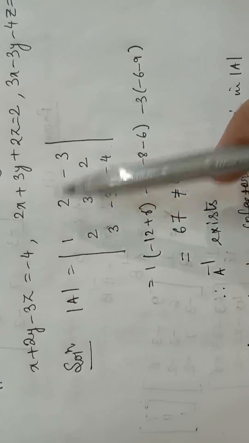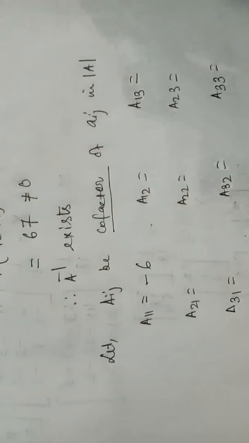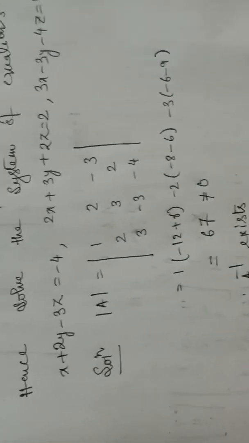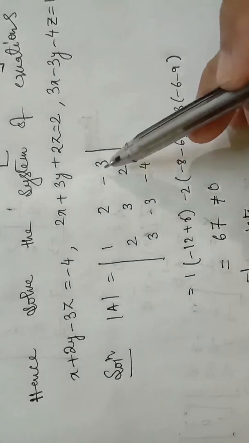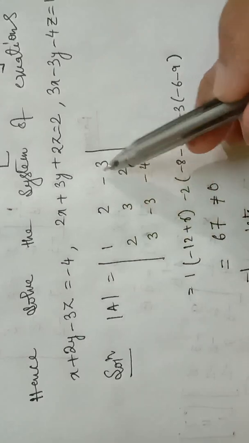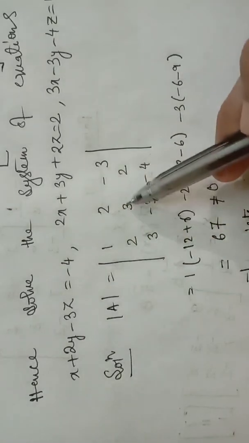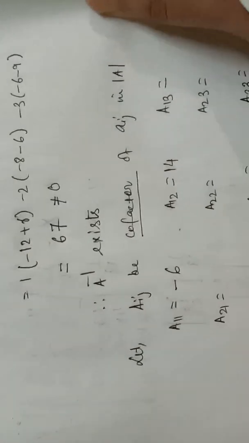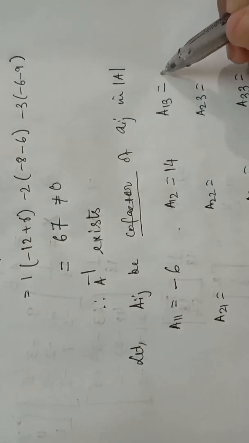For this element the sign is minus, so it will be plus 14. For this element, minus 3, you have to remove the row and the column. Minus 6 minus 9 is minus 15. For this element, the sign is plus, so plus of minus 15 is equal to minus 15.